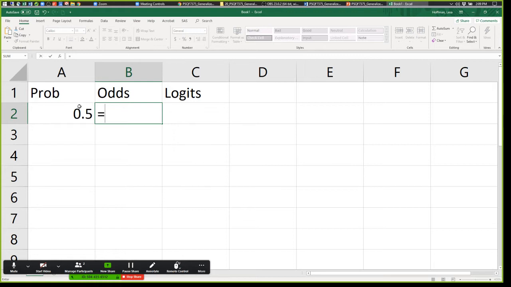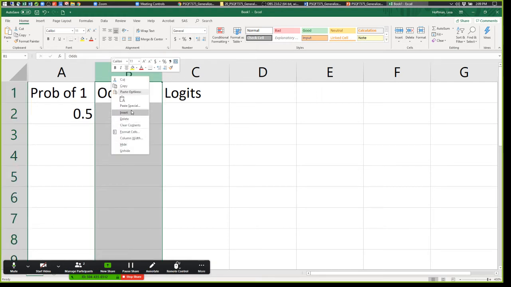Not yet. So this is the link. I'm going from the conditional mean, which is probability, up to logits. So it's the probability of 1. Make this specific.